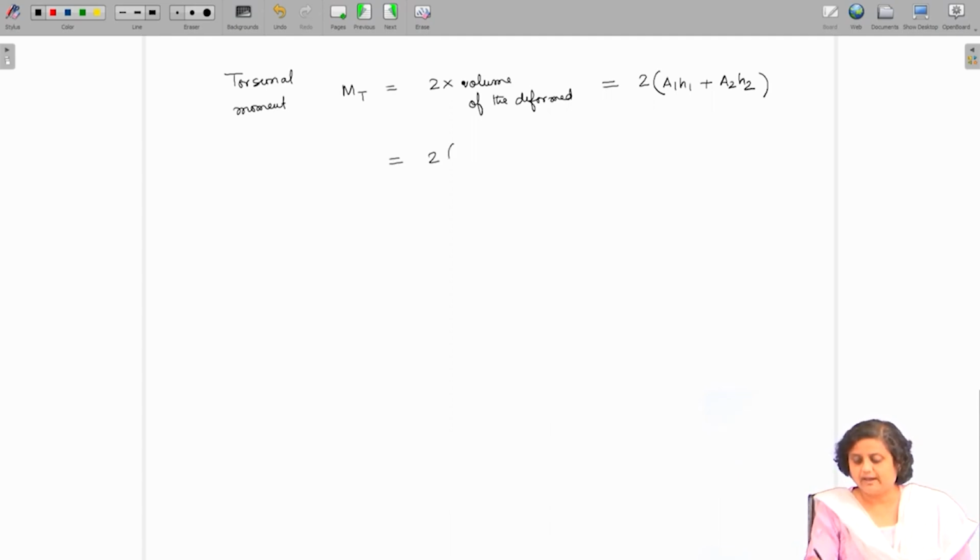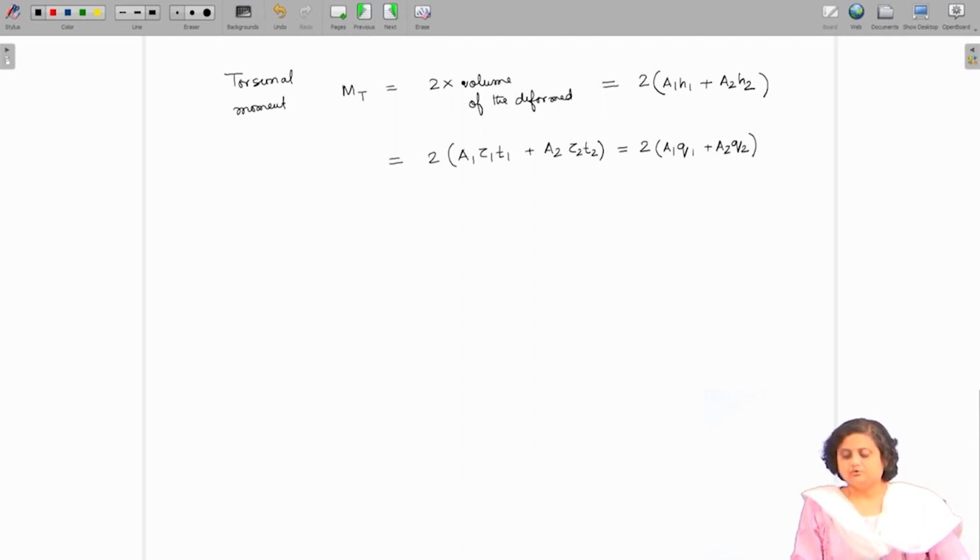H1 is going to be tau 1 into T1 and H2 is going to be tau 2 into T2, so this can be written as 2 into A1 Q1 plus A2 Q2. So this is the second equation that we get.